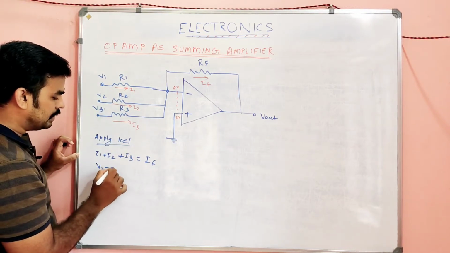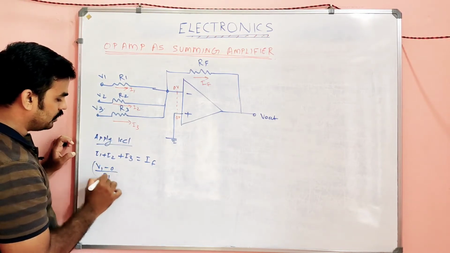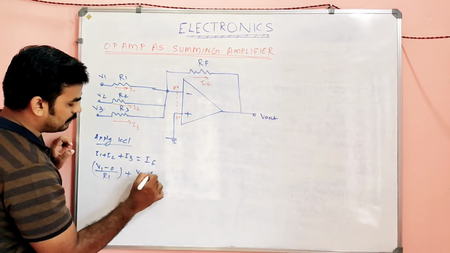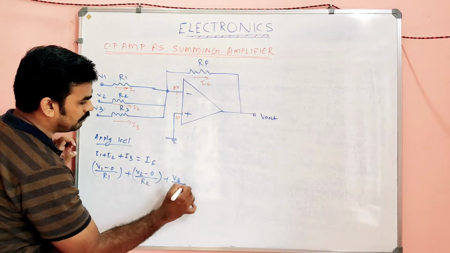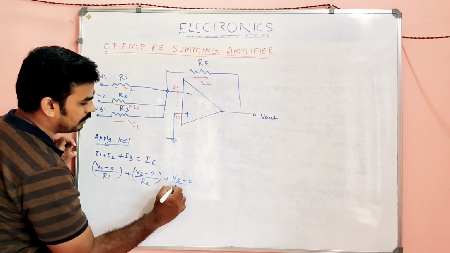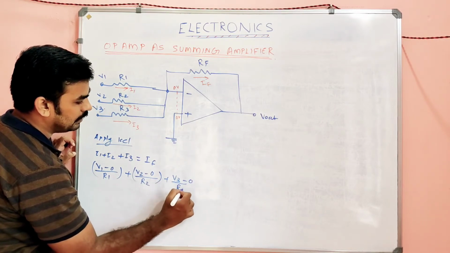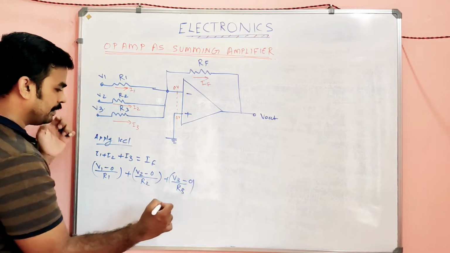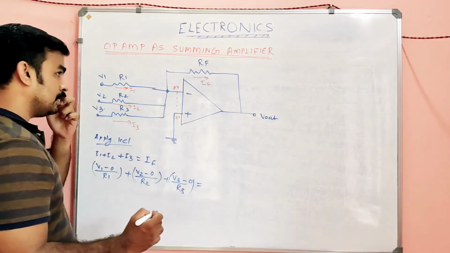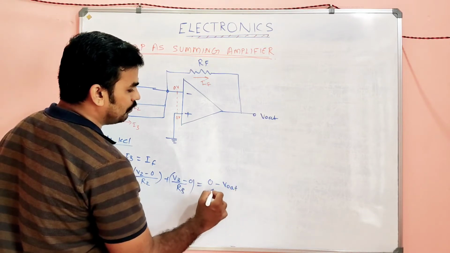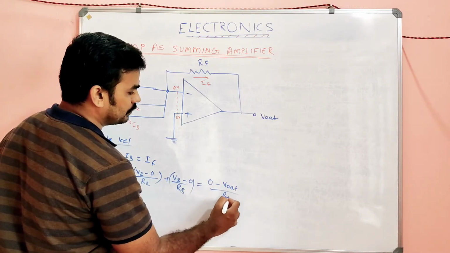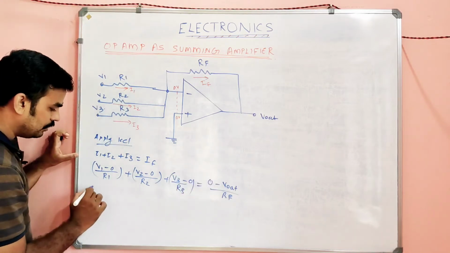I1 can be written as (V1 minus 0) divided by R1 plus (V2 minus 0) divided by R2 plus (V3 minus 0) divided by R3. Am I right, my dears? Equal to IF. IF is what? (0 minus Vout) divided by RF. Or simply Vout is equal to what, my dear?